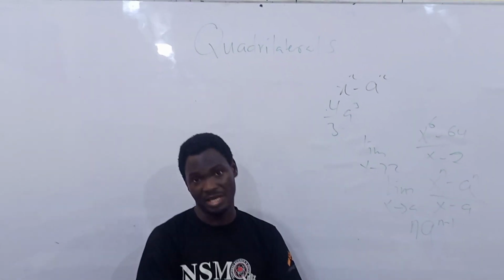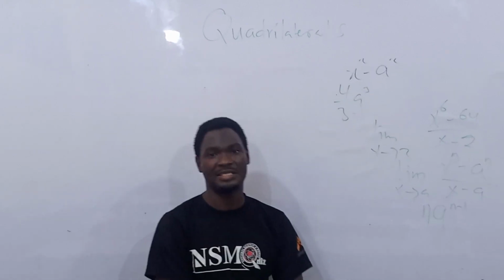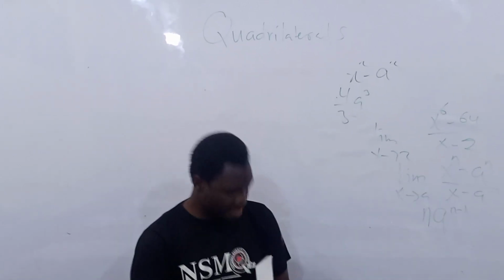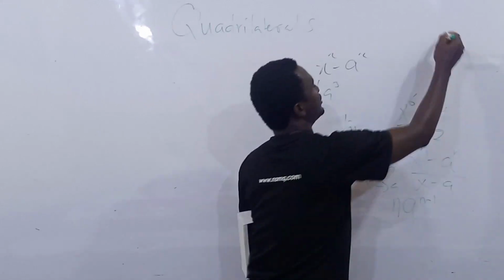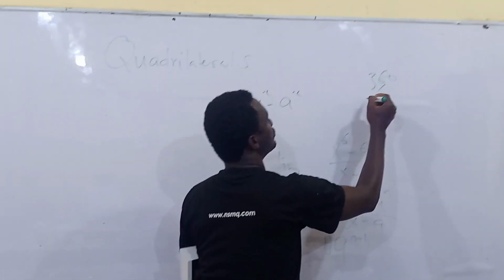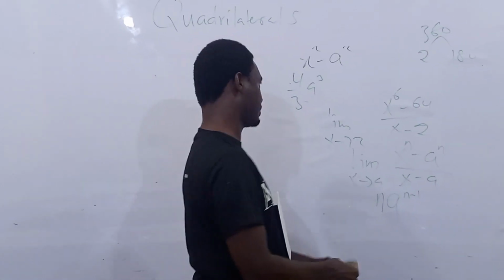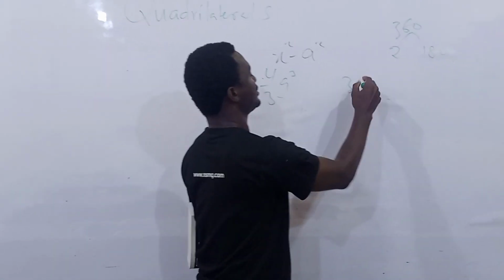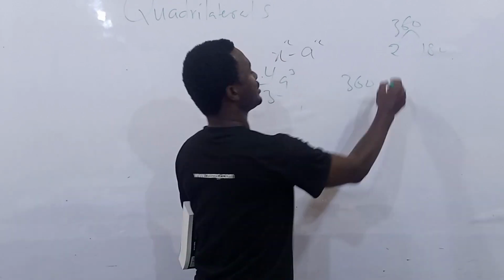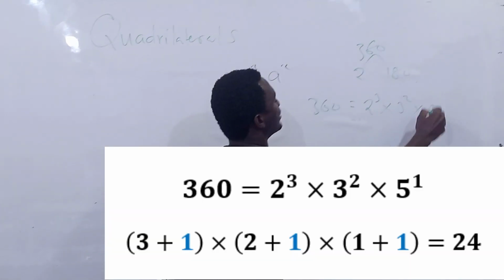We don't want to go to Cape Coast, and when asked how many positive divisors 360 has, we will be drawing the factor tree, 2, 180, and all those. We want to write the prime factorization of 360, which is 2 exponent 3 times 3 exponent 2 times 5.